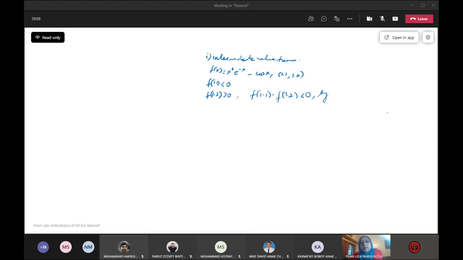So by the intermediate value theorem, there is a root on the interval of 1.1 and 1.2.